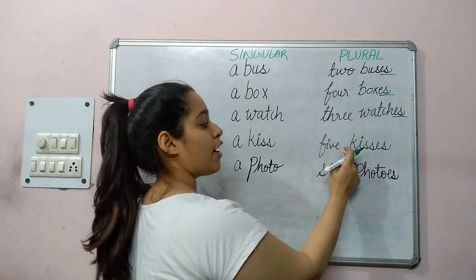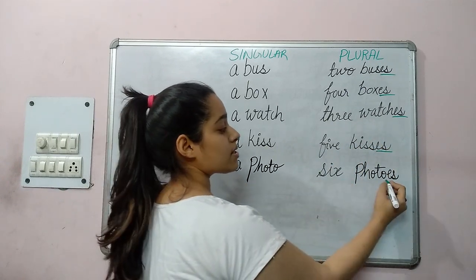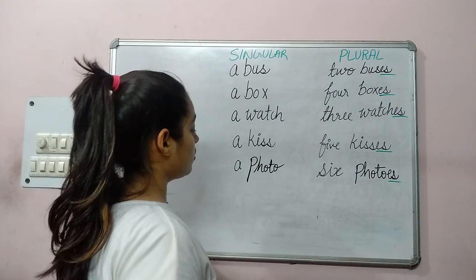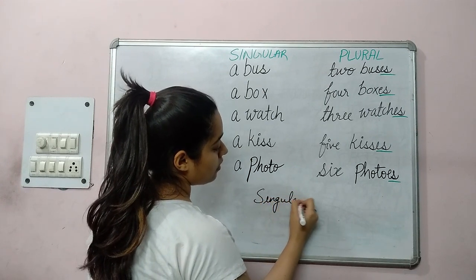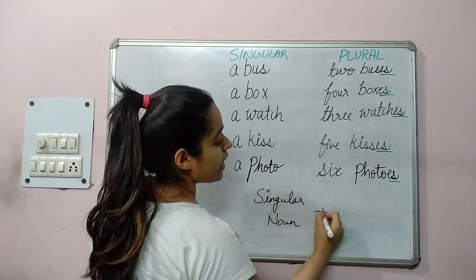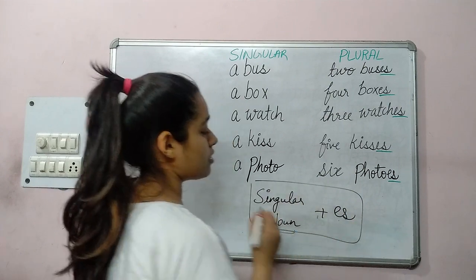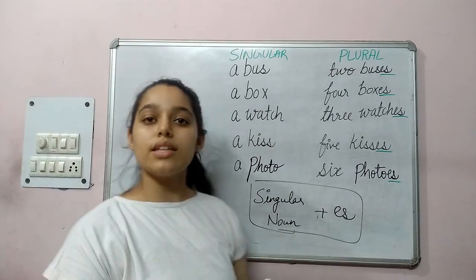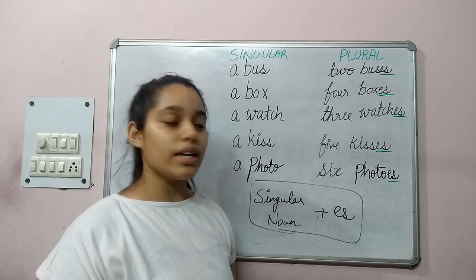A kiss, 5 kisses. A photo, 6 photos. So, what's the rule? The rule is adding ES to singular nouns. Right. Apart from this, I would say there are further more rules and we will be learning it.